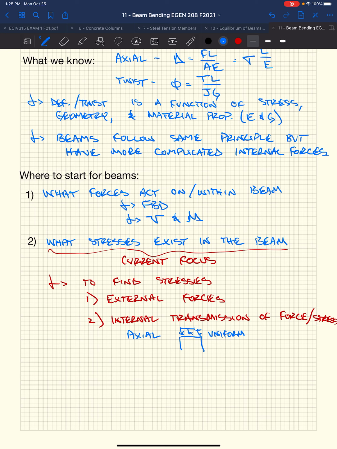An external applied axial load creates an internal axial force, which creates this uniform stress across our cross section, normal to our applied load.